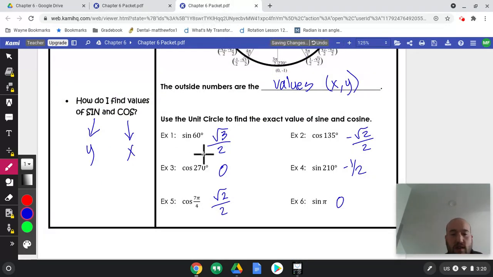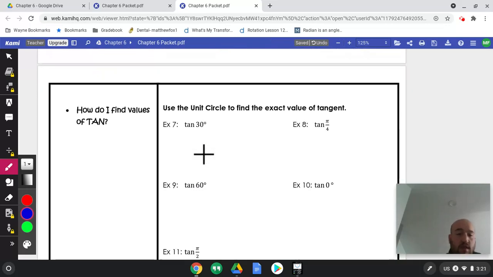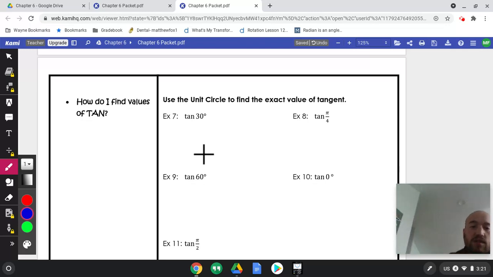All right, now we continue on, and when we're finding tangent, remember, on the unit circle, tangent can be thought of as y over x, or if you prefer, y divided by x.